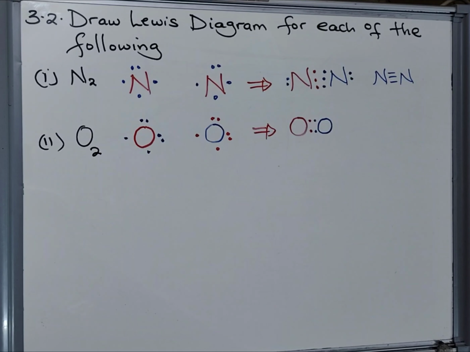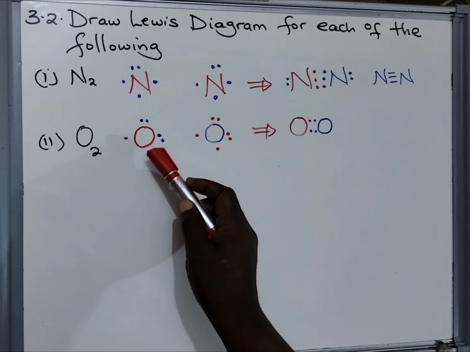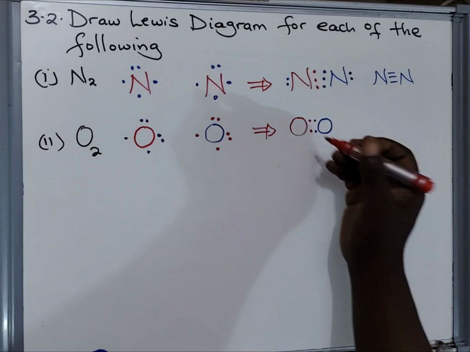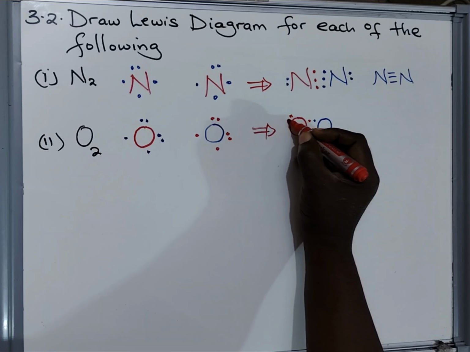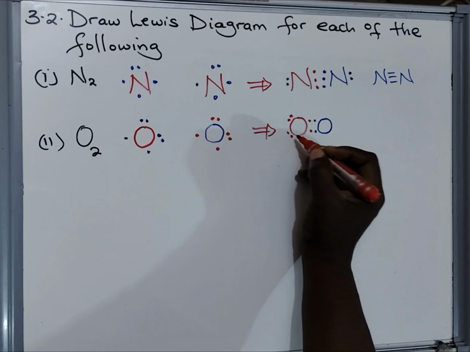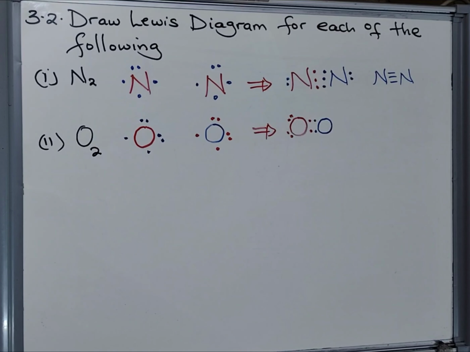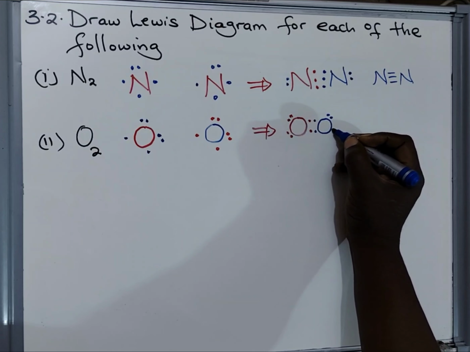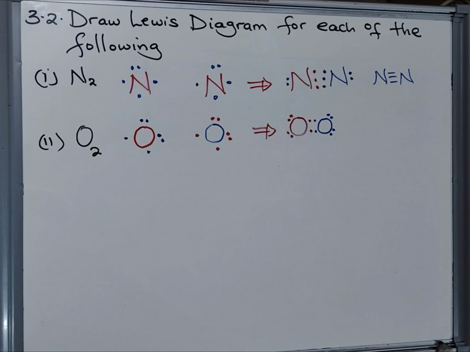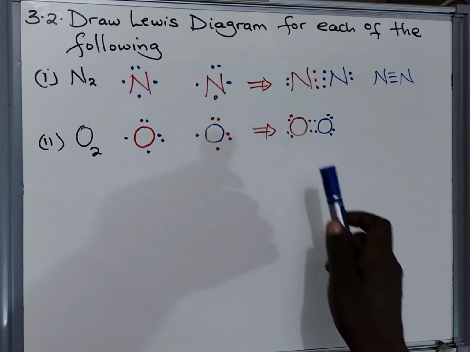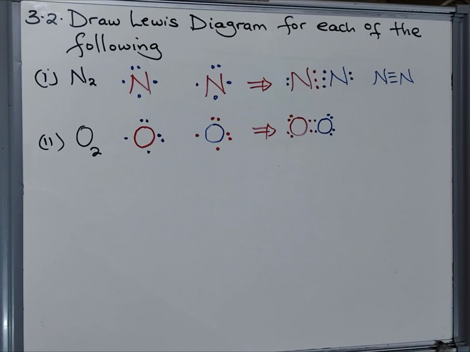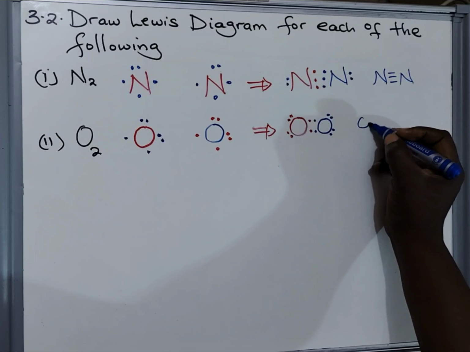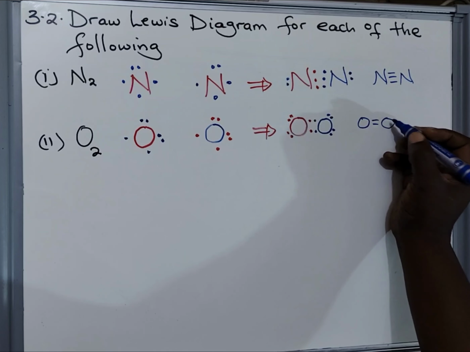But you have to remember that in addition to the two unpaired, oxygen had two lone pairs, which we indicate here. The same applies to the other one. It has its two lone pairs. So this is the Lewis diagram of the oxygen molecule, which structurally we represent as O double bond O.